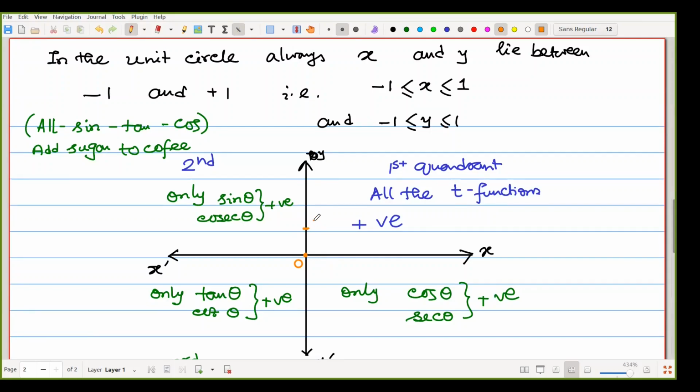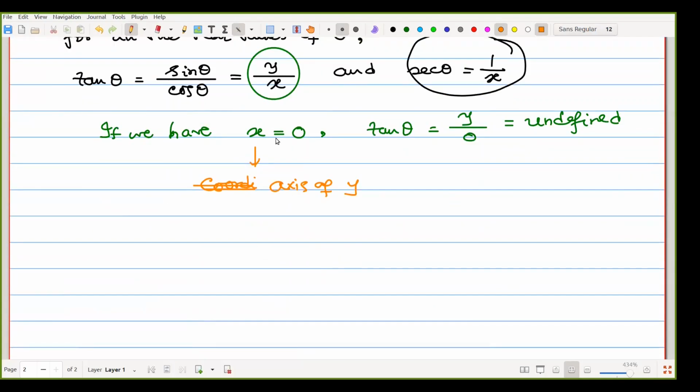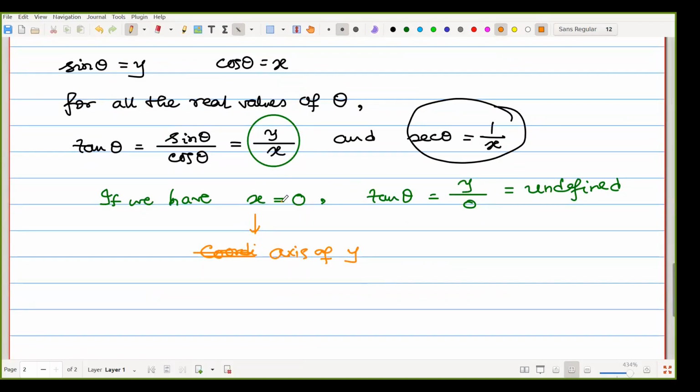Suppose that point is 0 comma 1, or 0 comma 2, or 0 comma 3, or 0 comma minus 1, 0 comma minus 2, in that way. So on the y-axis we always have x is equal to 0. That is the equation of the y-axis. So when x is equal to 0, the revolving line coincides with the y-axis.